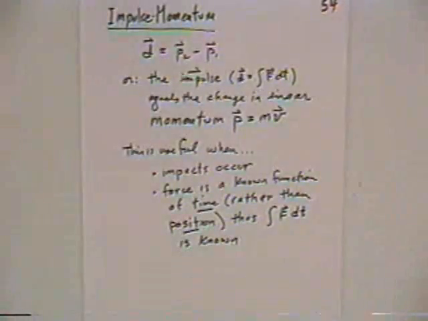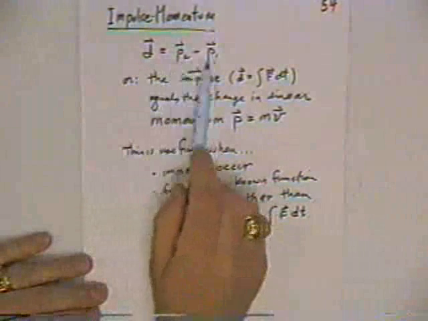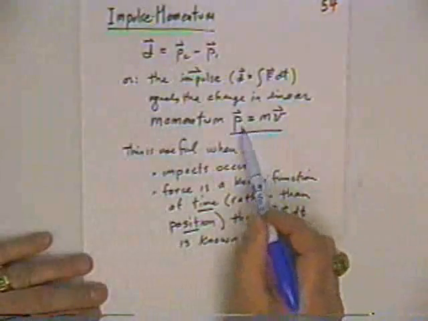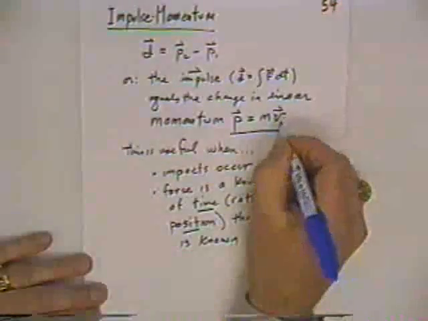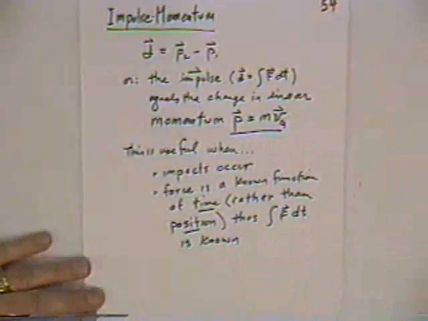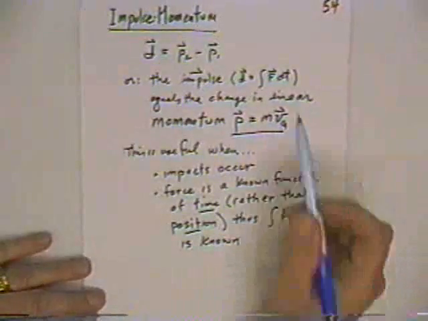The impulse momentum equation says that the impulse, I, is the change in linear momentum. Recall, the linear momentum, P, is mass times velocity vector. Okay? For a rigid body, it's mass times V sub G. Okay, but for a particle, it's just mass times v.